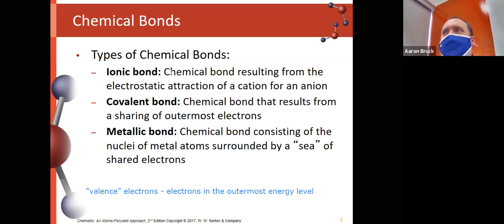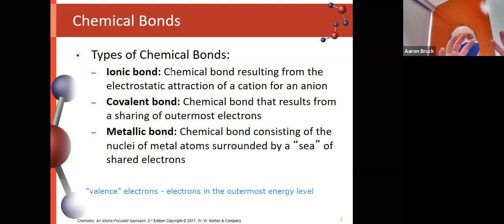So if all 1,000 of them give up their 2 electrons, there are now 2,000 electrons being shared collectively by those 1,000 atoms. And as a result, the atoms are kind of held together in this compact matrix, attracted to each other's electrons.